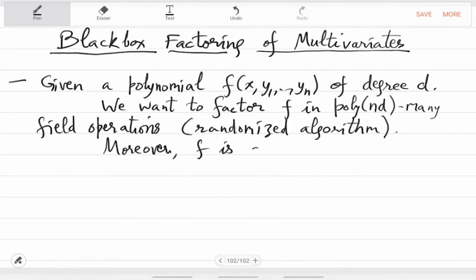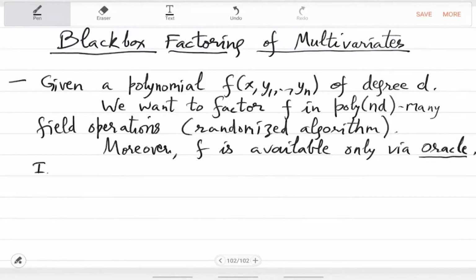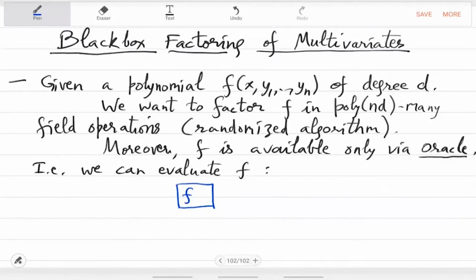So f is available only via an oracle. That is, we can evaluate f. There is a box inside which you cannot see, but you can feed a point.